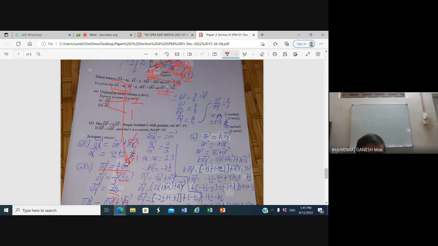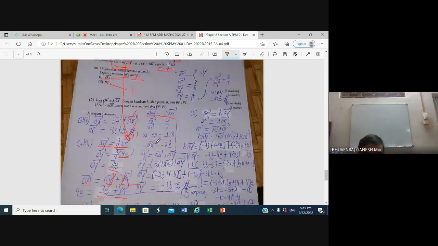Then we have to utilize another ratio here. This all they didn't show in the scheme, but you have to show it so that you don't make careless mistakes. From here onwards only they show this part down to here, but this is all your working steps before you can get to this part.